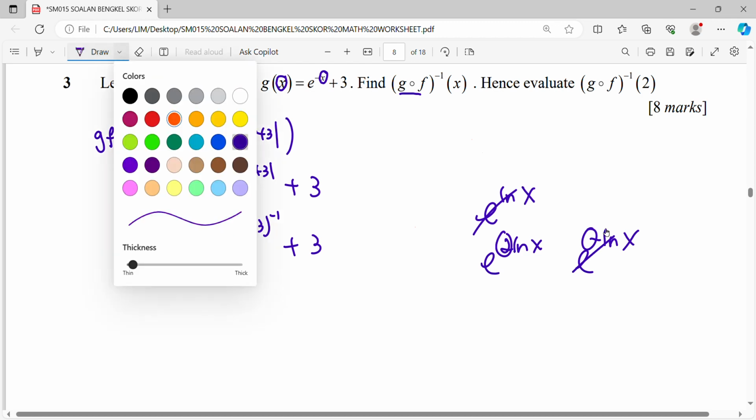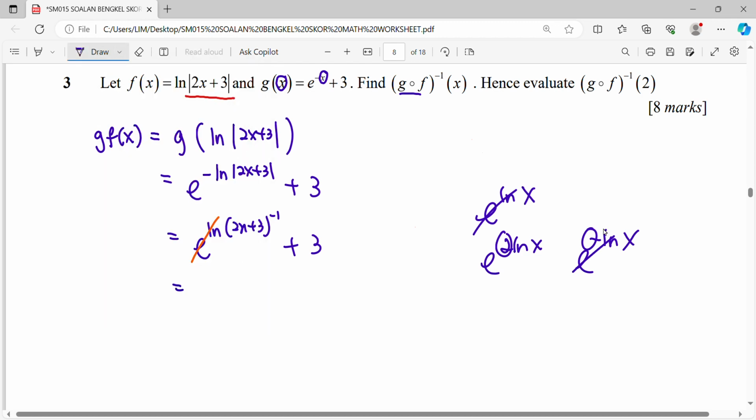So in the end, actually you are getting a rational function. For a rational function, we get the same denominator because we want to continue for the inverse. Therefore, 3 times (2x plus 3).